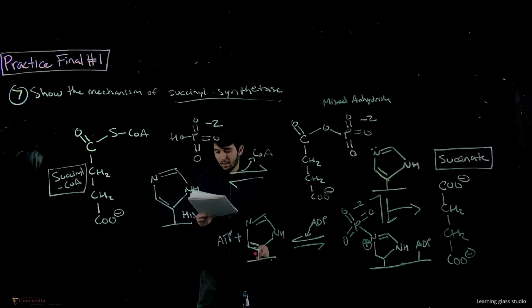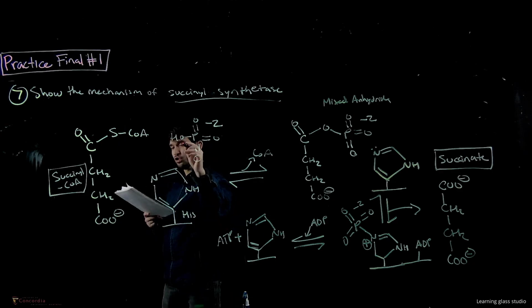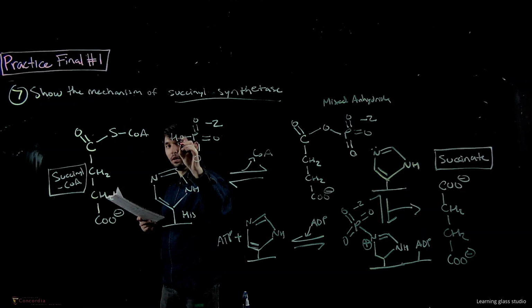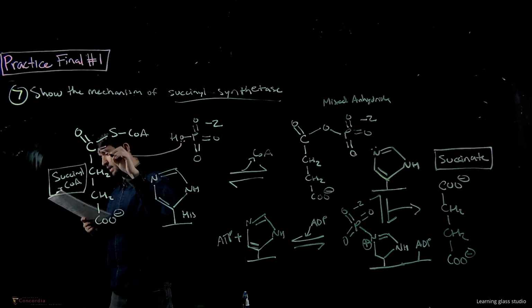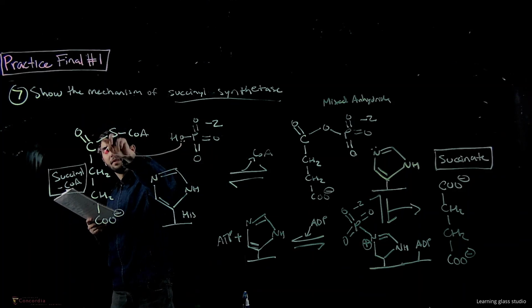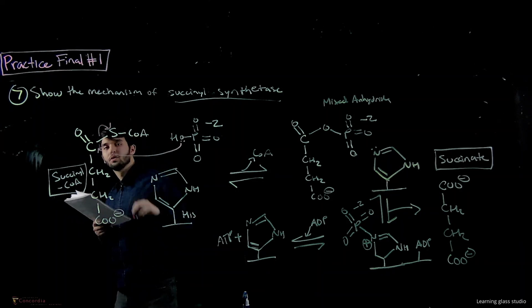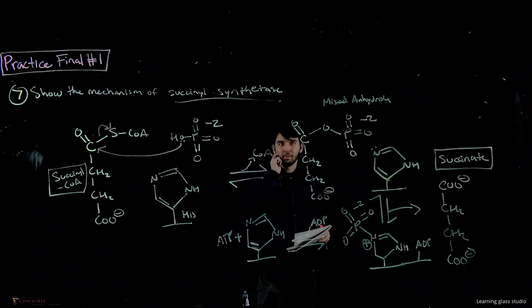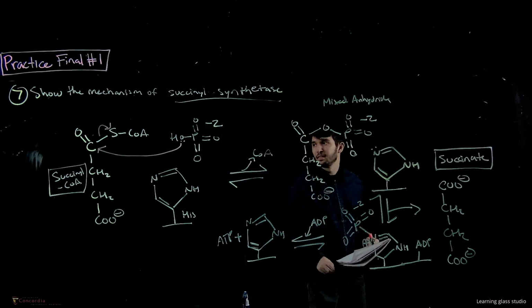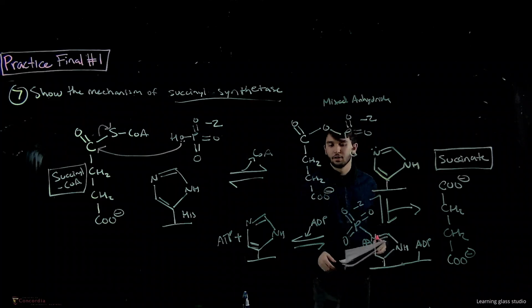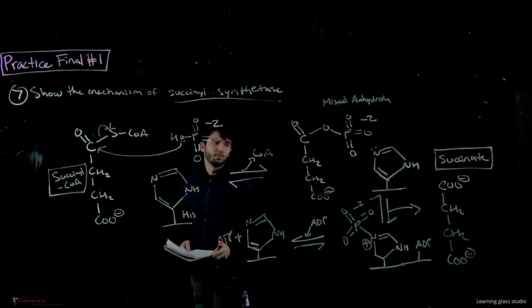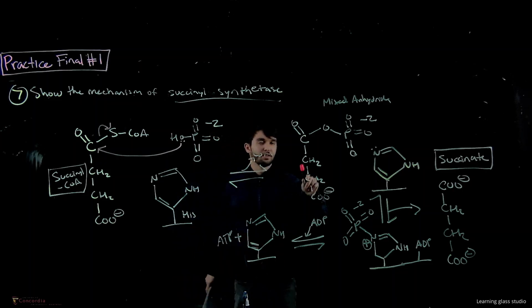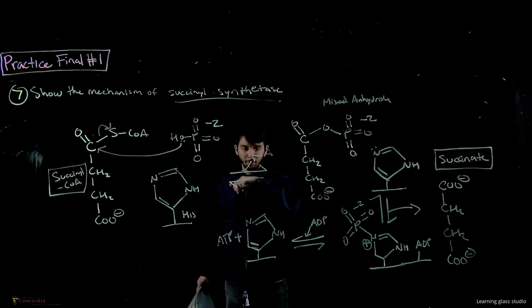The first thing that will happen is the OH on the phosphate group will attack the carbonyl on succinyl CoA, and the electrons in this bond will go to the sulfur, and that will release the coenzyme A, okay? So now, instead of the coenzyme A, there is a phosphate group bound to the succinate, bound to this carbonyl.